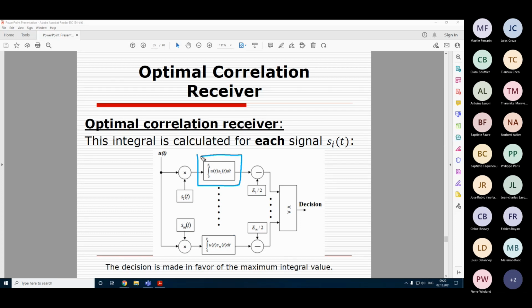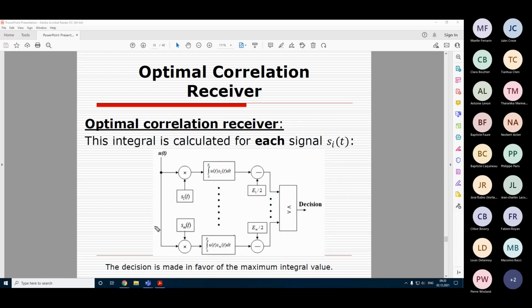Then we need to calculate the integral. Then we need to subtract half of the energy because, in general, these signals S1, S2, S3, S4, and so forth up to SM can have different energy. If the energy of the signals is different, then we need to normalize them because otherwise the signal will always be positive. And we need to set them centered across this zero axis so that it will make it easier for us to make this decision.